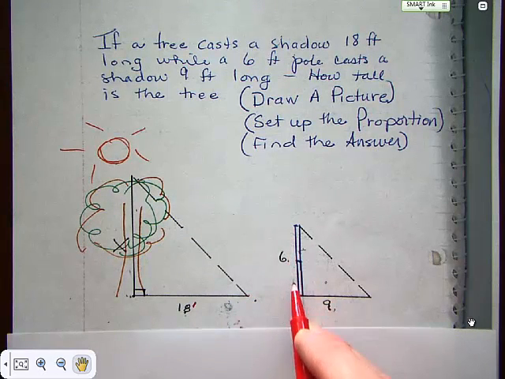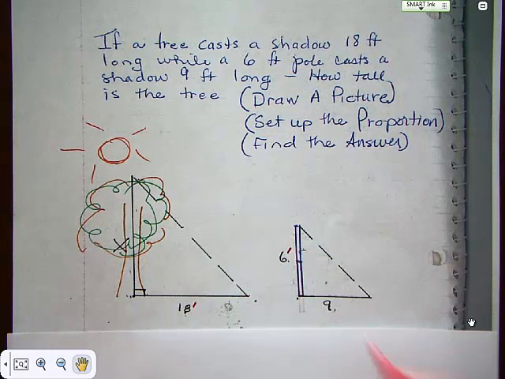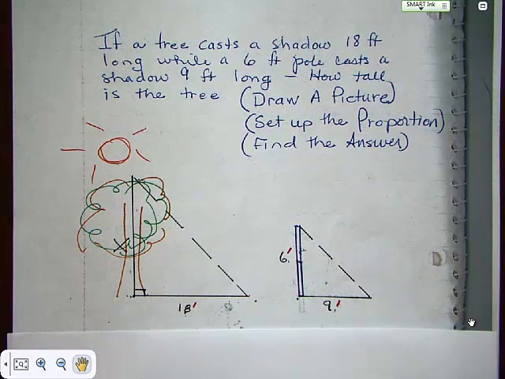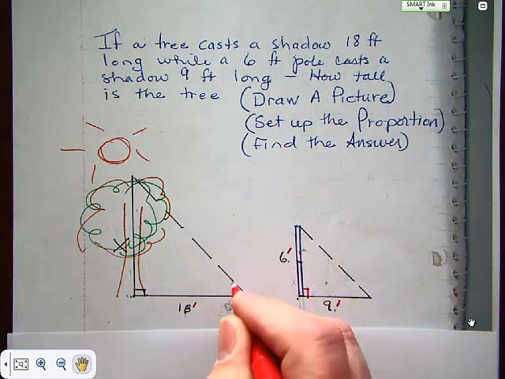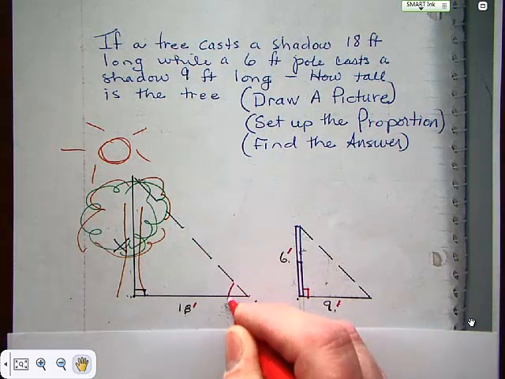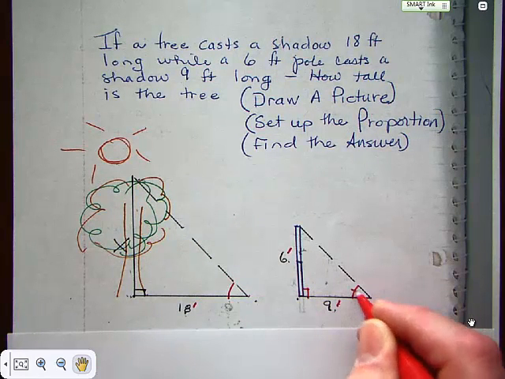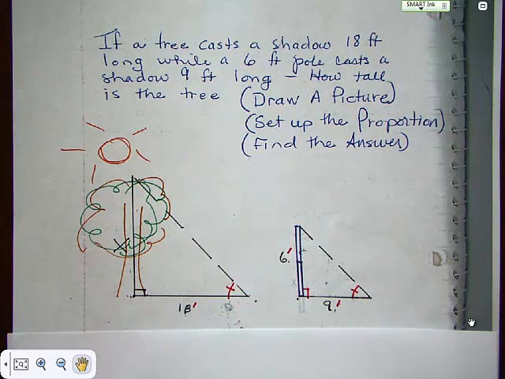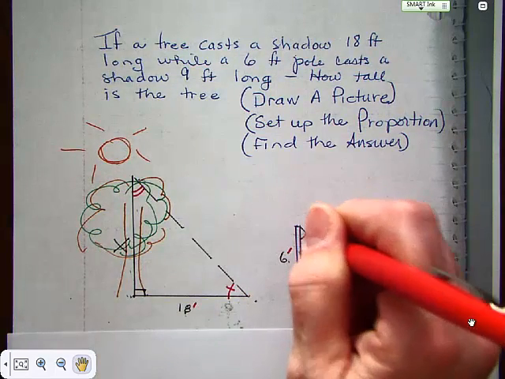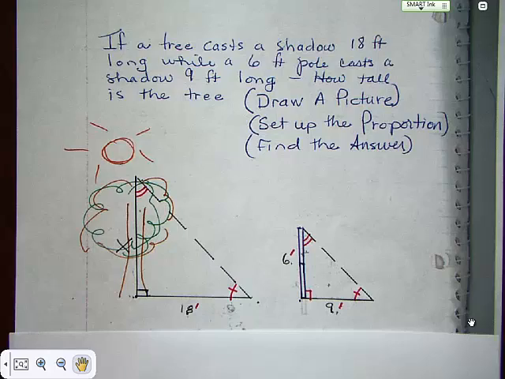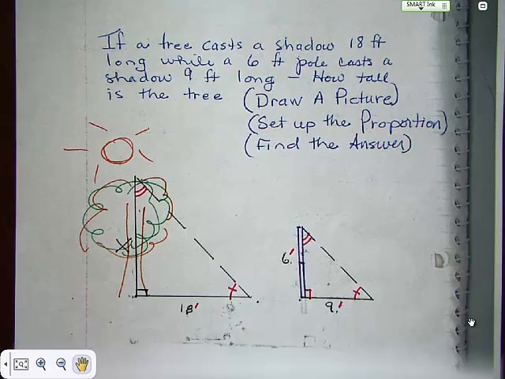Here's our 6-foot pole, and its 9-foot shadow. Two triangles that are similar, both have a right angle here. Because the sun is shining, this angle and this angle will be the same measure. Likewise, this angle and this angle will have the same measure.